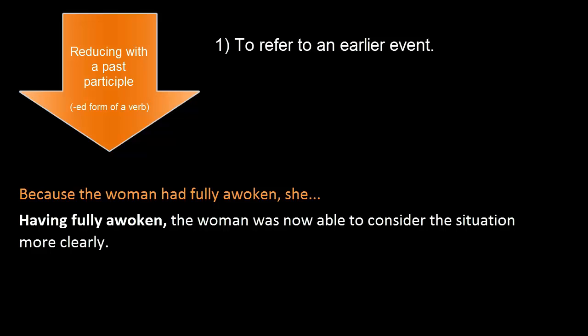So we're changing an adverb clause with a perfect form, had awoken. We need to use having plus a past participle. This form explains the sequence of events. So when your adverb clause has a perfect verb form, present or past, use having plus a past participle. This will show that you're referring to an earlier event.